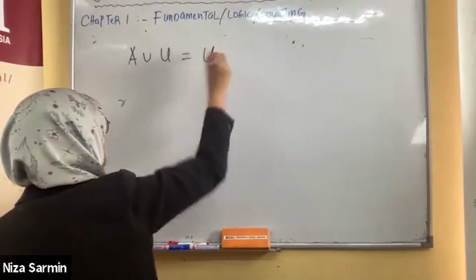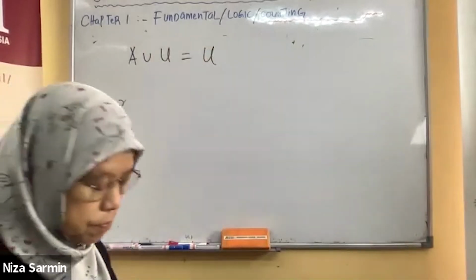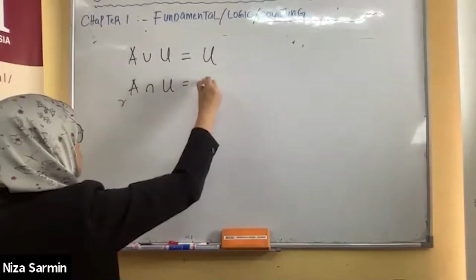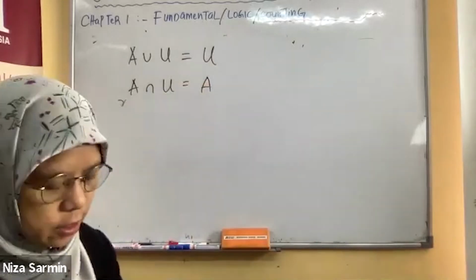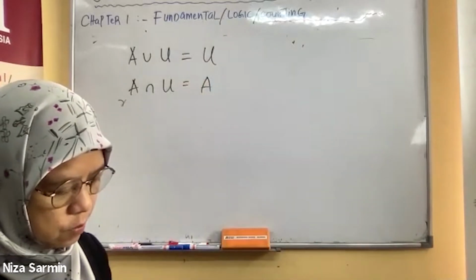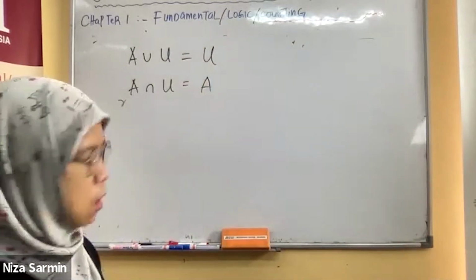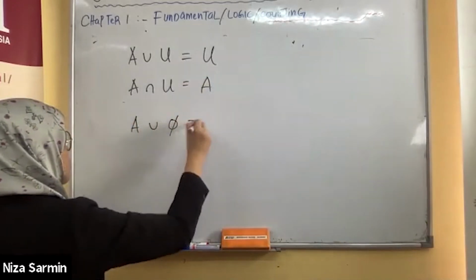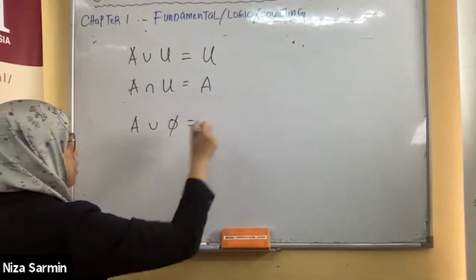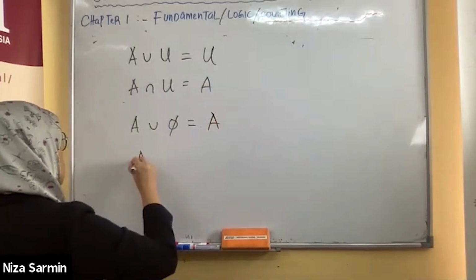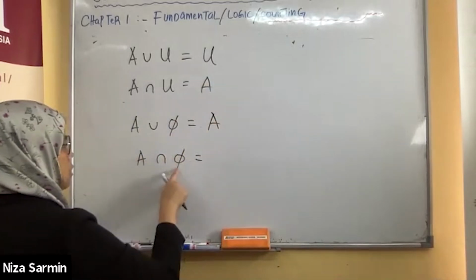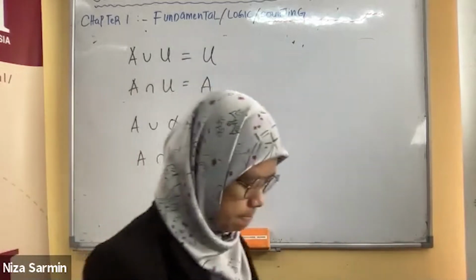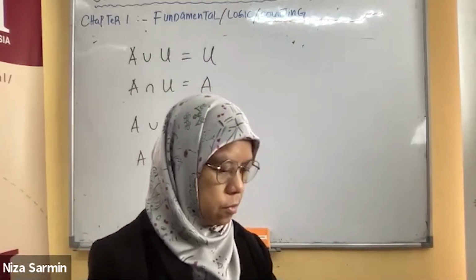So this is just U. And A intersect U will be A. Right? A is the smaller one. What about A union empty set? Nothing extra, right? So it's just A. And A intersect empty set, nothing with this, so it's an empty set. Okay.